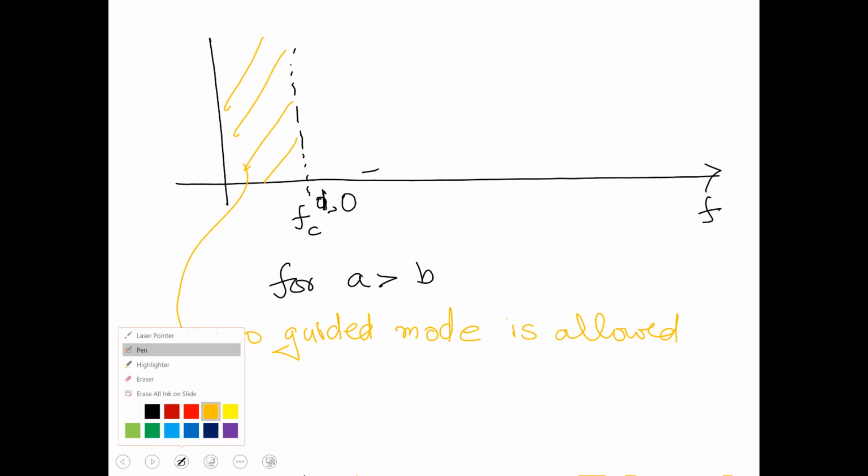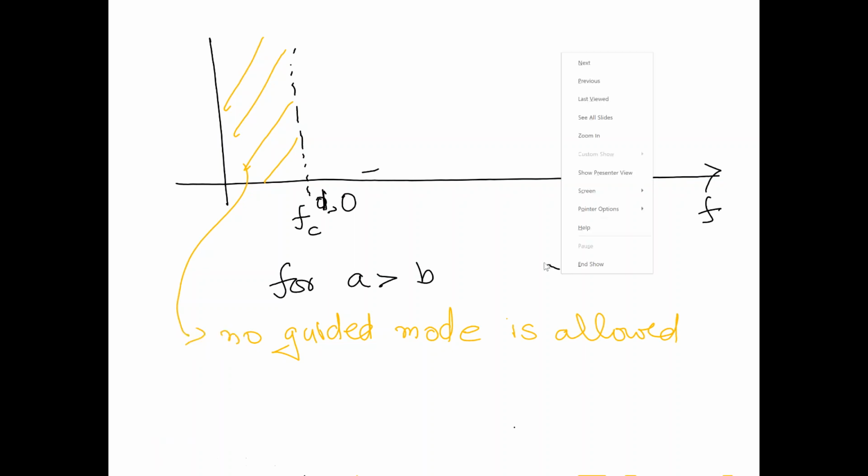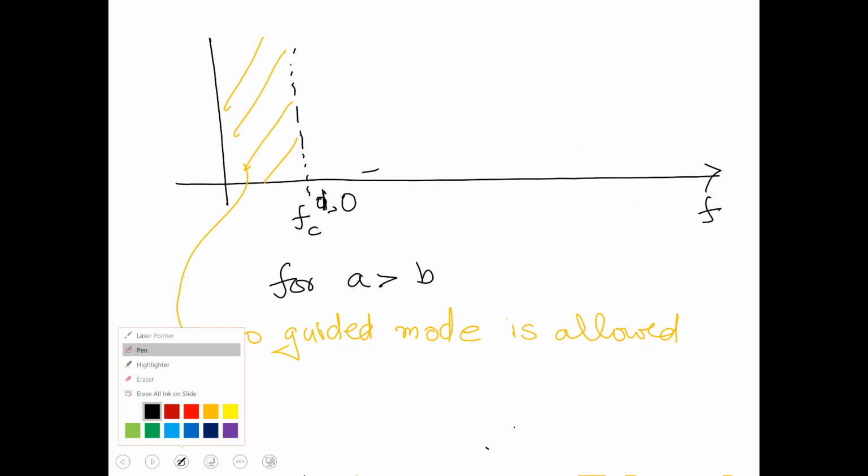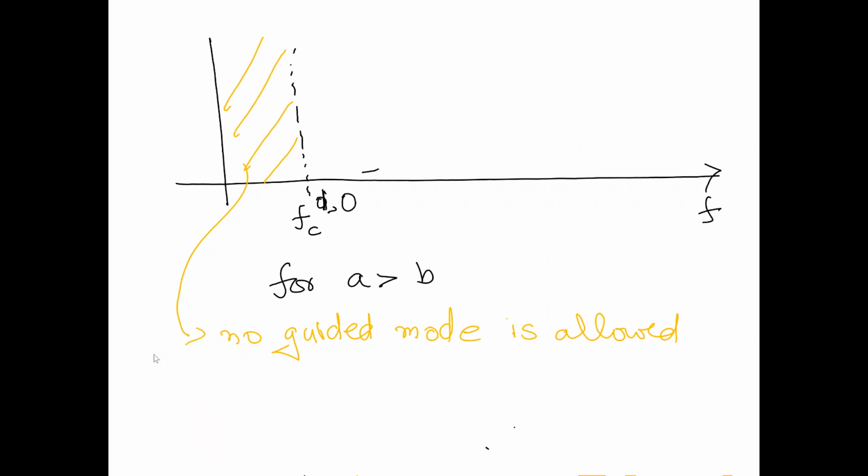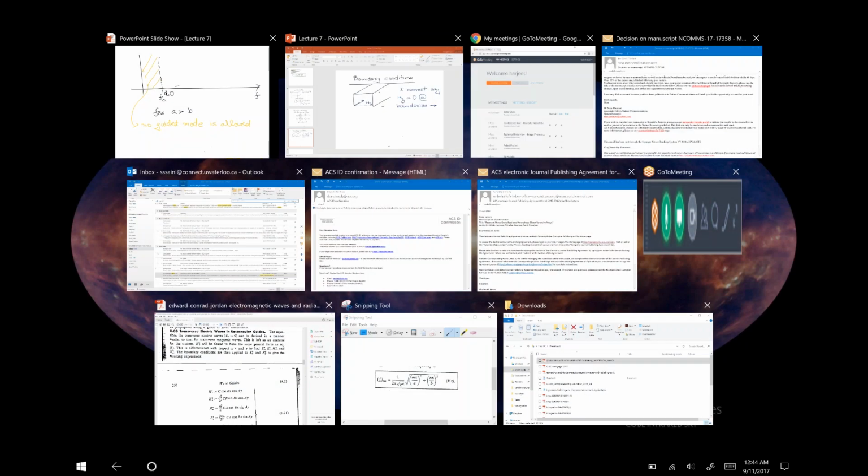Then go to another value, which is going to be, sorry.